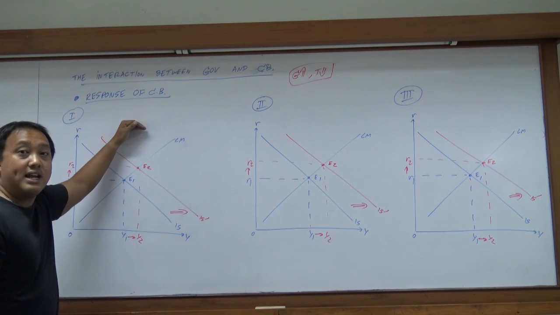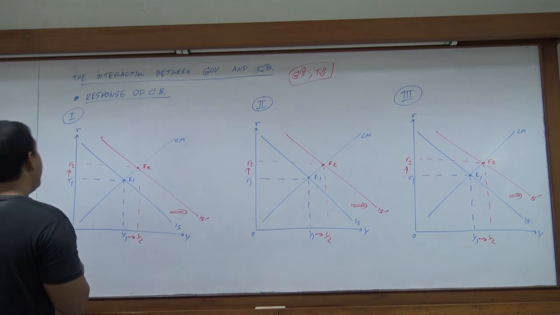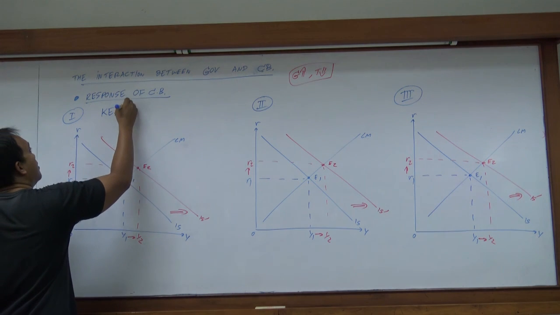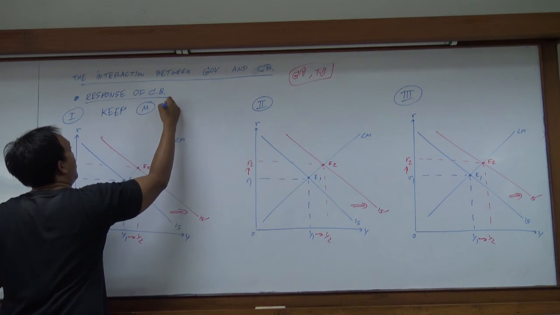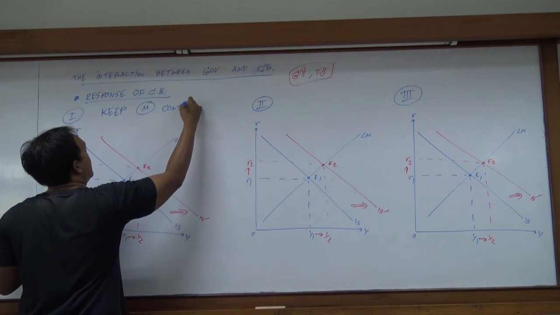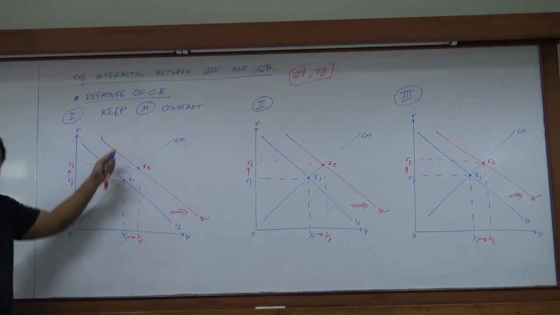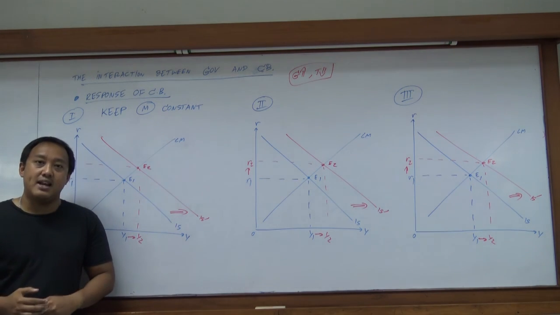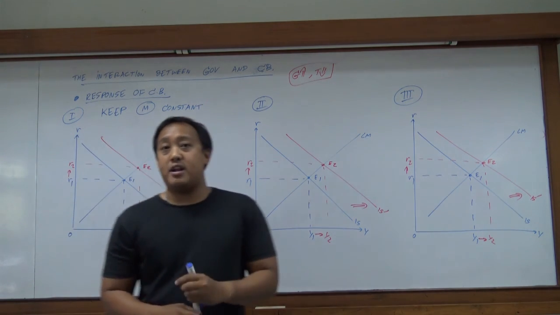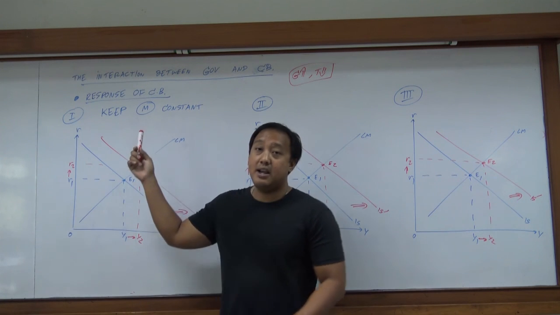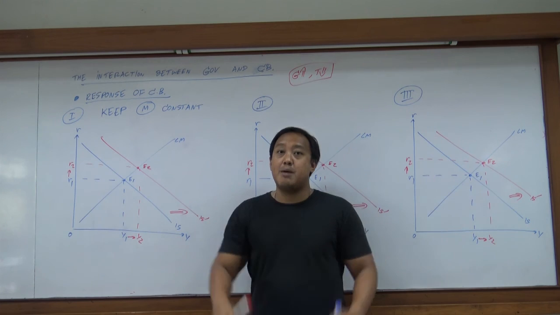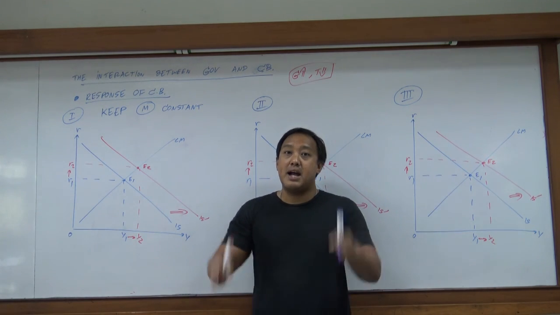The first way the central bank can respond is to keep the amount of money in the economy constant. It doesn't change the money supply.